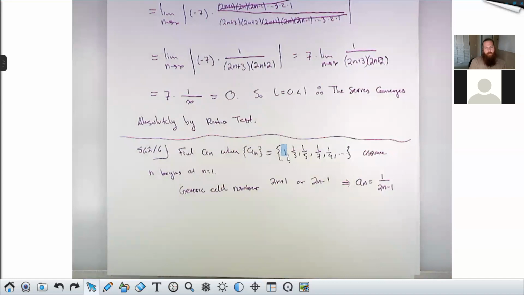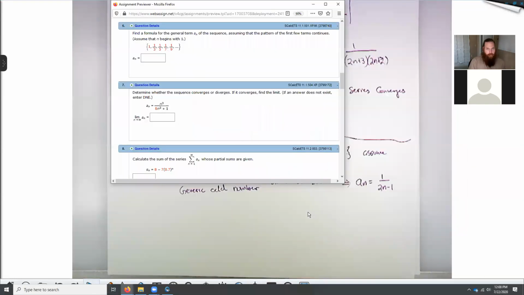This is 1 over 2 minus 1, 1 over 4 minus 1, 1 over 6 minus 1, 1 over 8 minus 1. It's 1 over 2n minus 1. So that's it. I think that's everything for number 6. They just wanted the formula.